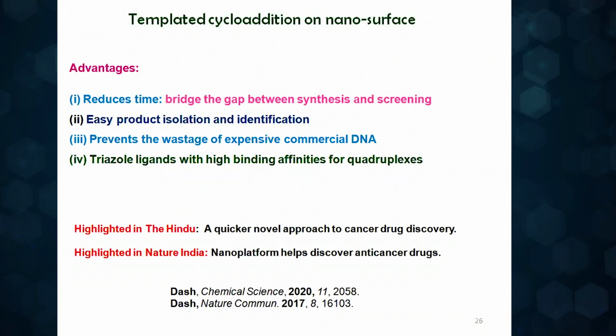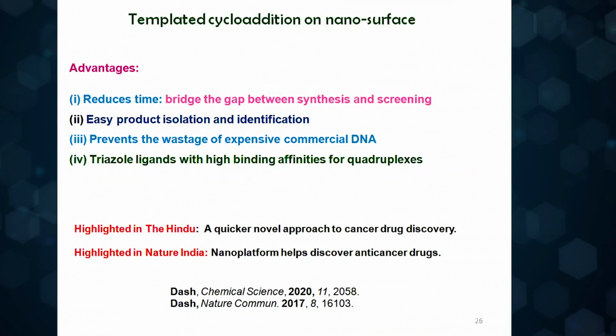So this method offers several advantages. It reduces the time required for the conventional chemical synthesis and biophysical screening. It also enables easy product isolation and identification, and it prevents the wastage of expensive commercial DNA, as the DNA nanotemplates can be easily recovered and recycled.